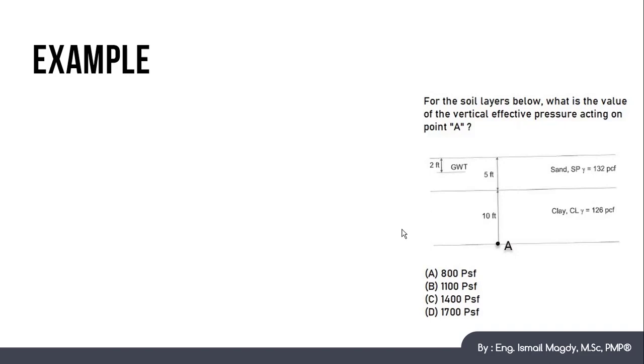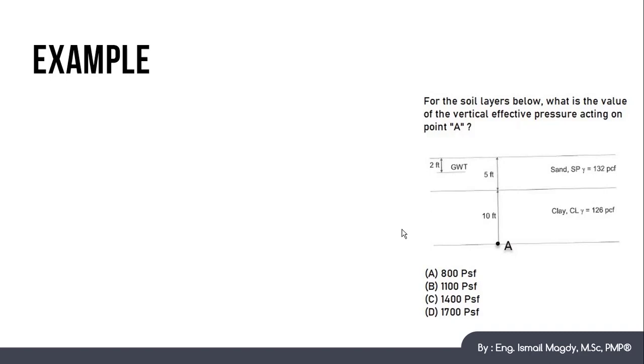The pressure at point A will consist of 5 feet of sand with a density of 132 pounds per cubic foot, in addition to 10 feet of clay with density of 126 pounds per cubic foot. And we will deduct 13 feet of water, which has a gamma of 62.4 pounds per cubic foot.